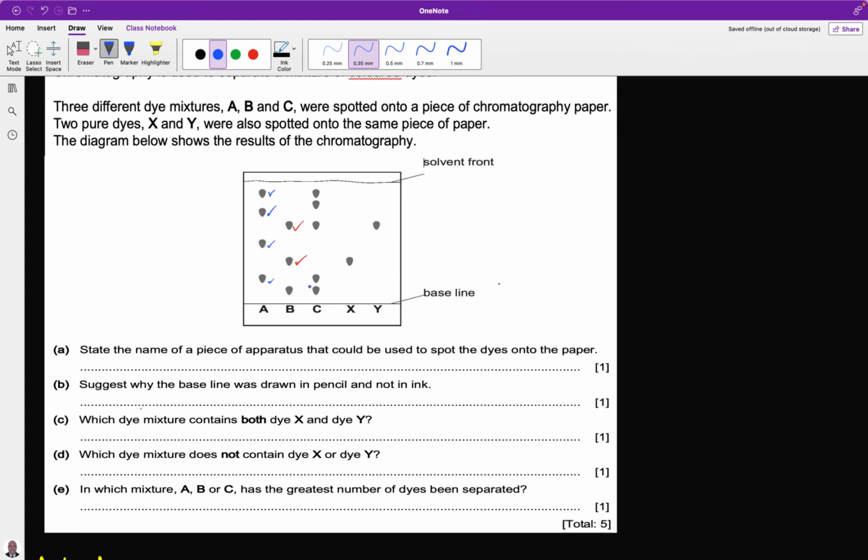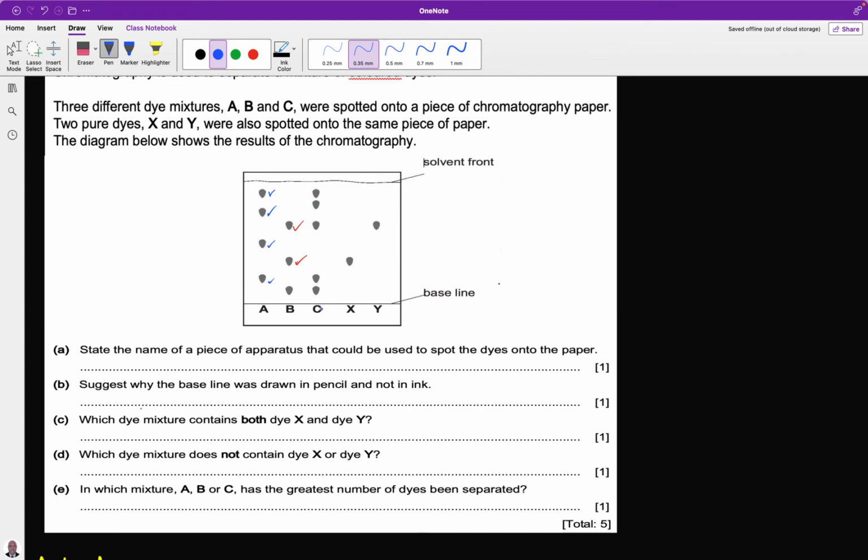Now, the number of dyes that have been separated: we have 1, 2, 3, 4, 5. B has 1, 2, 3. A has 1, 2, 3, 4.